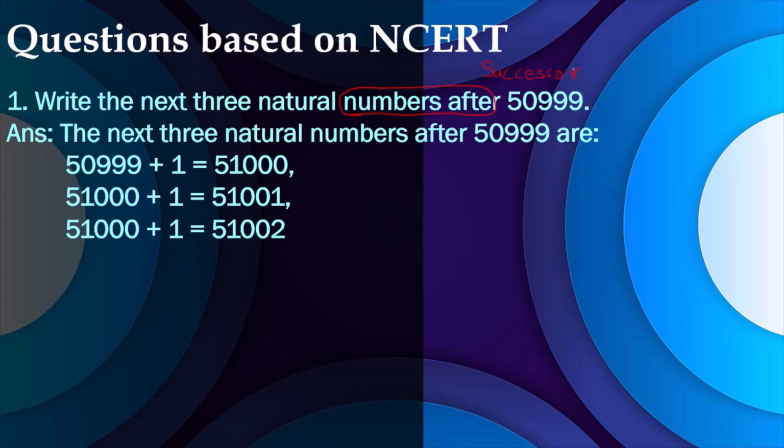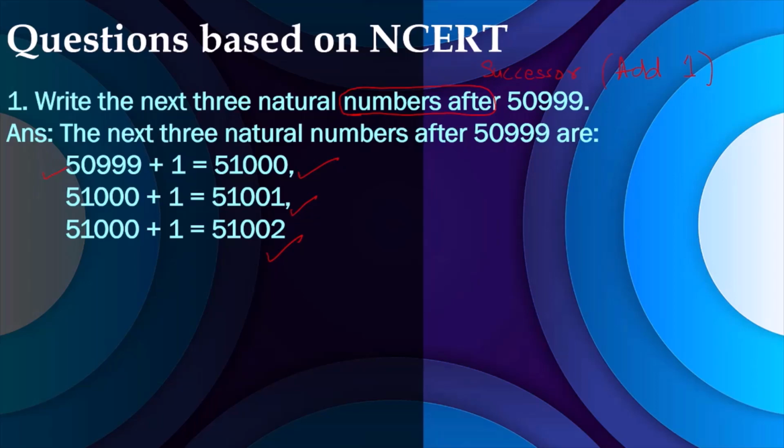And we know that to find the successor of a given number, we add 1 to the given number. So let us add 1 to 50,999 and we get 51,000. Similarly, we keep on adding 1 to get the three numbers required in the question.